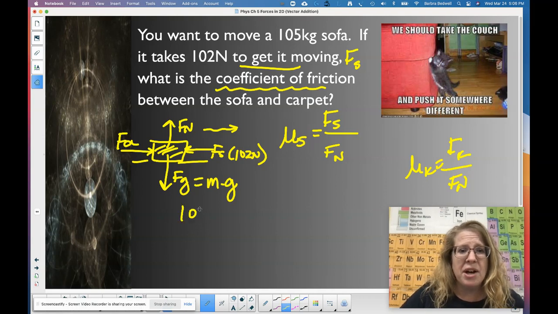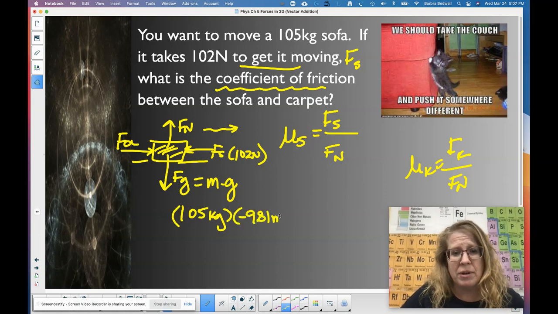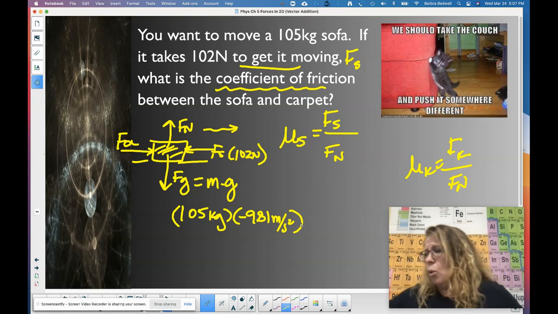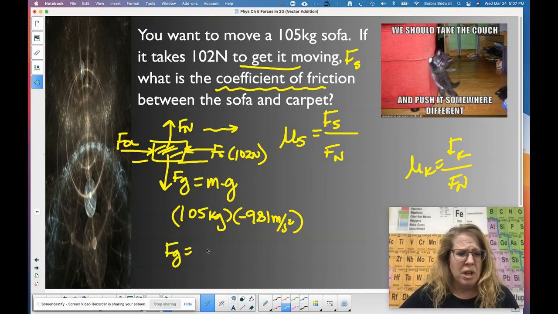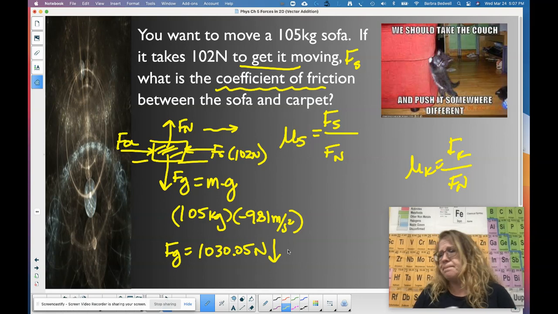So if the couch is 105 kilograms, and gravity is negative 9.81 meters per second squared in the downwards direction, we can now figure out what Fg is. 105 times 9.81. We get a value of, ooh, that sounds like a lot. It's a heavy couch, 1030.05 newtons.